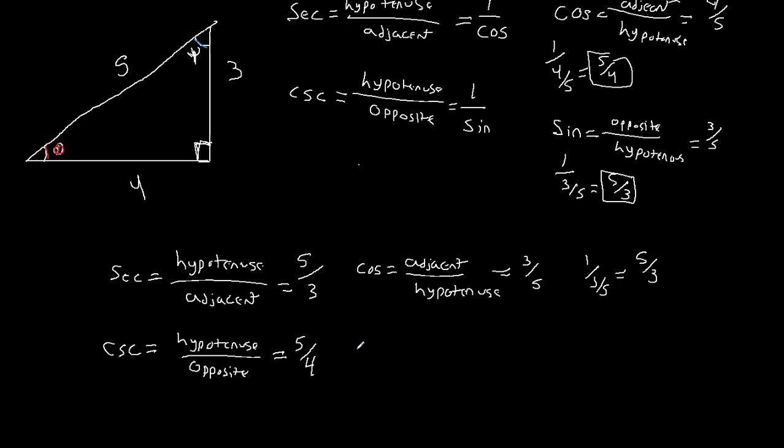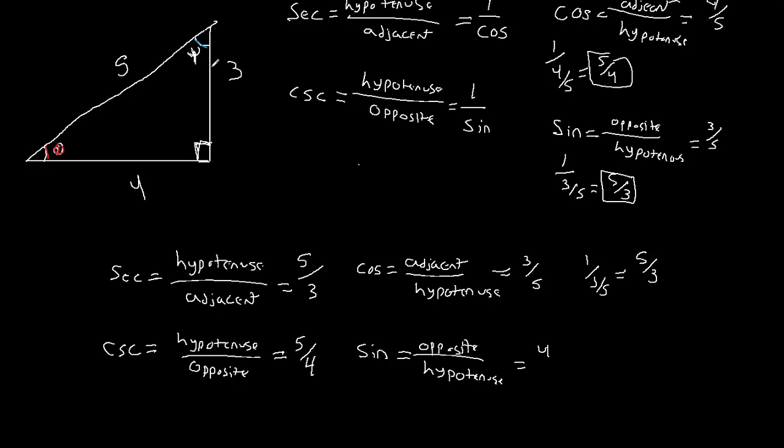We can do the same relationship again with sine, because cosecant is the inverse of sine. So we have sine, that's opposite over hypotenuse. And the opposite again is still 4.